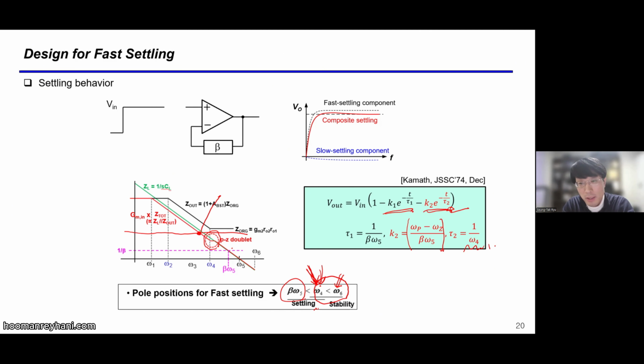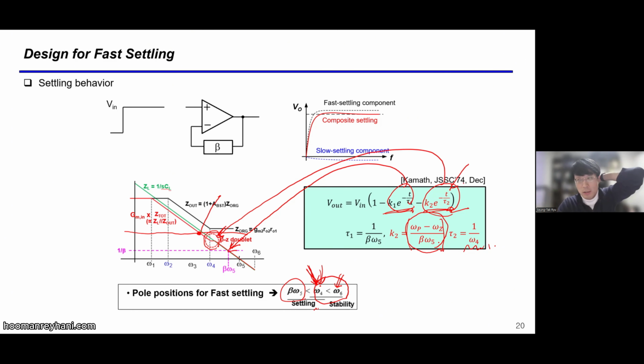This is the desired settling time component determined by this one. And this one is determined by the pole zero doublet. The amplitude, swing amplitude, actually increases. With the same time constant, the settling distance gets higher as we make omega p and omega z separate. So that was why the settling performance was affected by the zero.